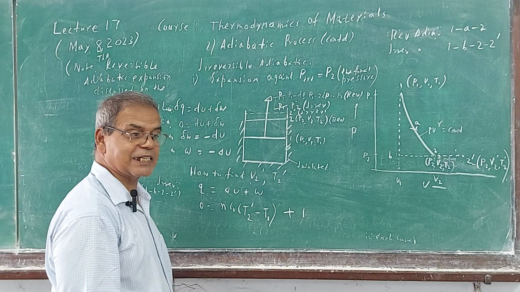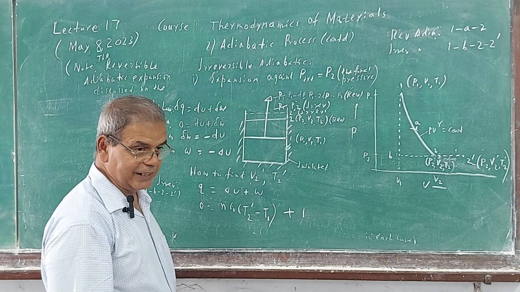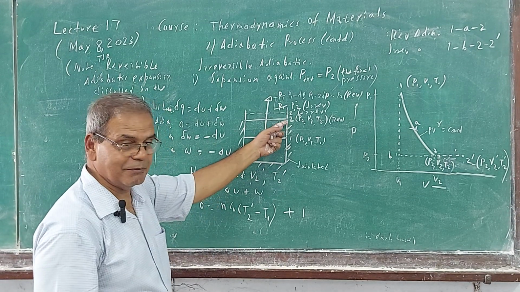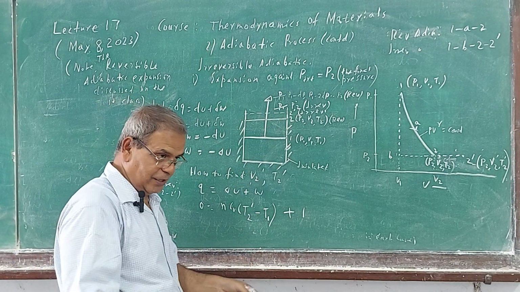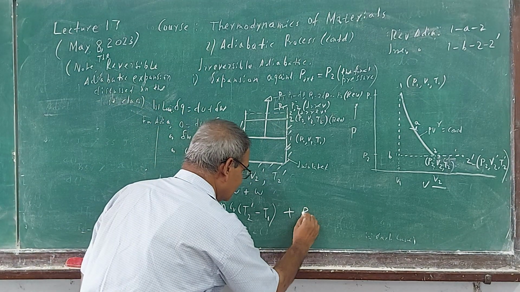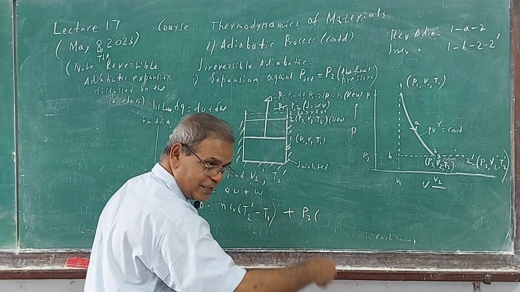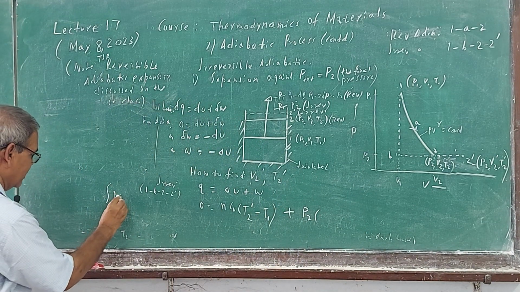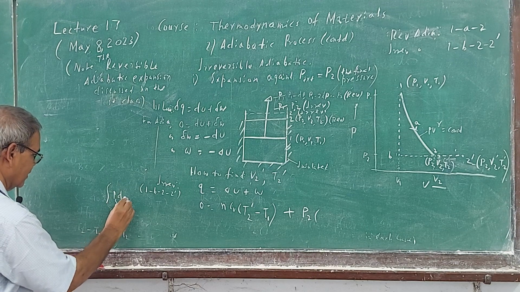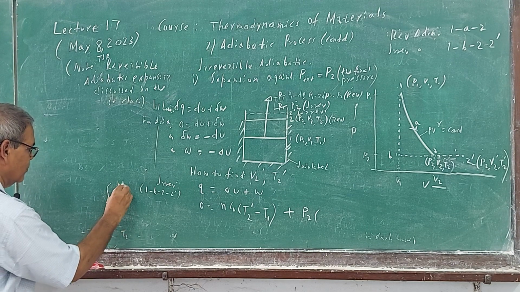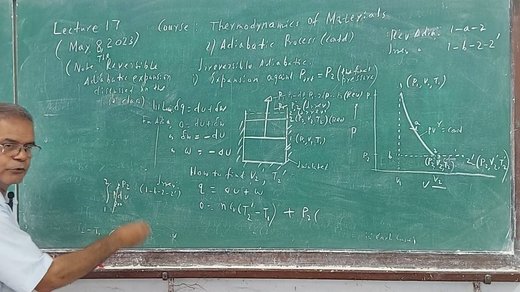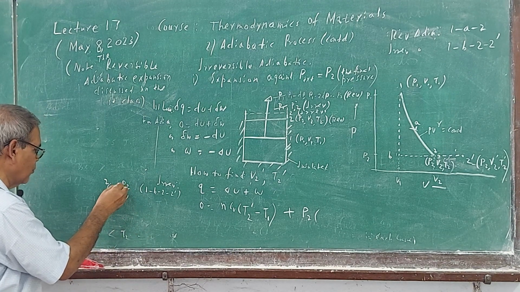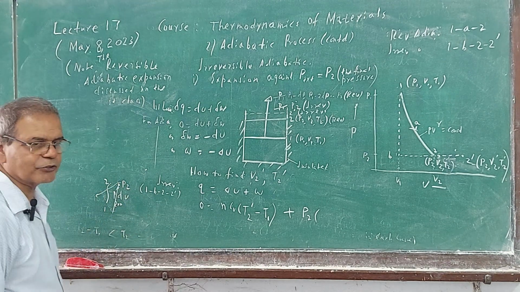Irreversible process, integral of P external dV. P external is fixed, again P2. So P2 times the volume change. The integration of P external dV, P external is P2, from 1 to 2. You can do this. This is a constant, will come out.